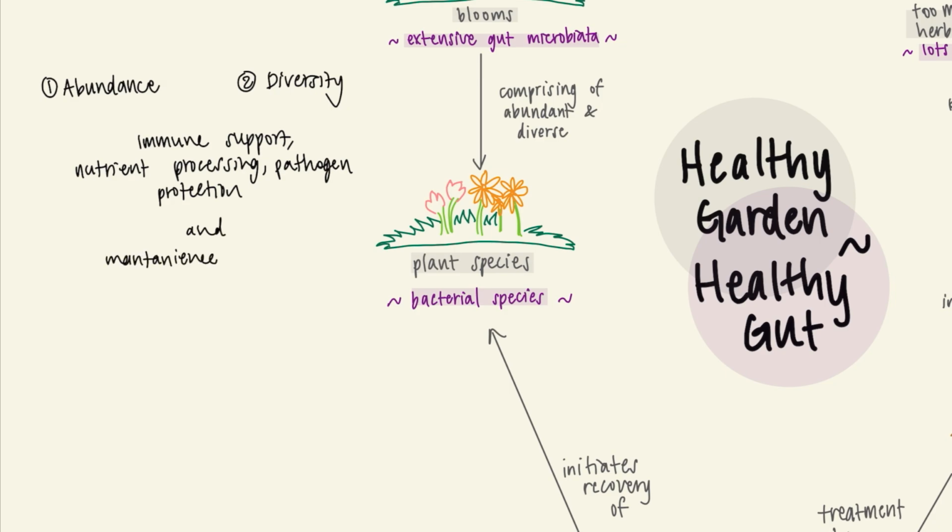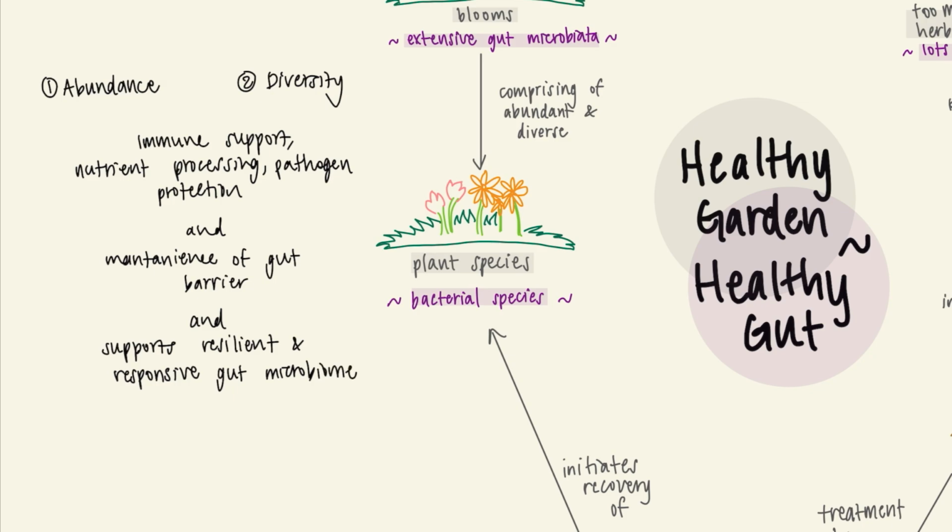Diversity provides a broad range of metabolic functions, immune system support, pathogen protection, and maintenance of gut barrier integrity, ensuring that the microbiome can adapt to changes and resist diseases. This balance fosters a resilient ecosystem that effectively processes nutrients, modulates immunity, and protects against harmful microbes, contributing to overall well-being.